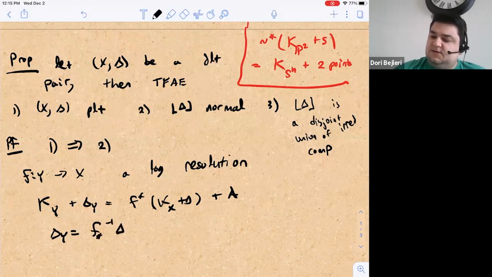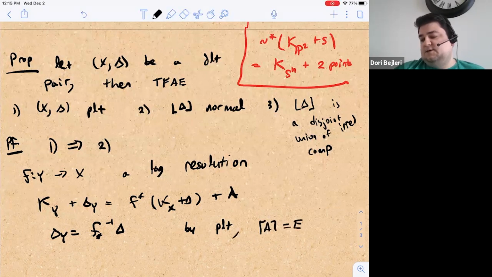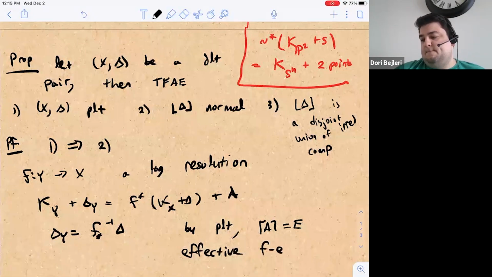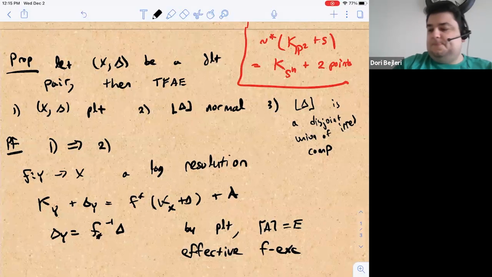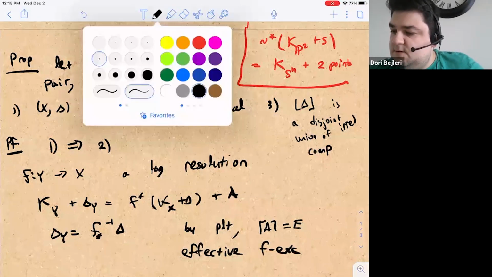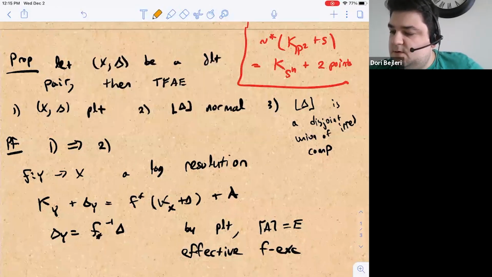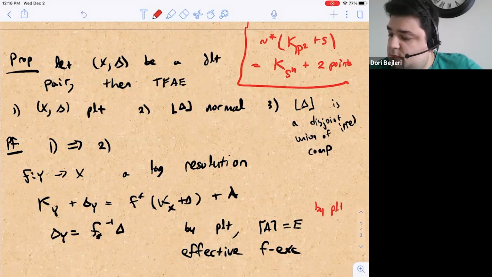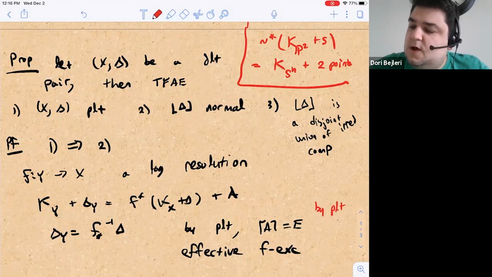Now by the PLT assumption, this A has coefficients that are strictly bigger than -1. So the roundup of A, let's call it E, is effective and f exceptional. This is by the PLT assumption.